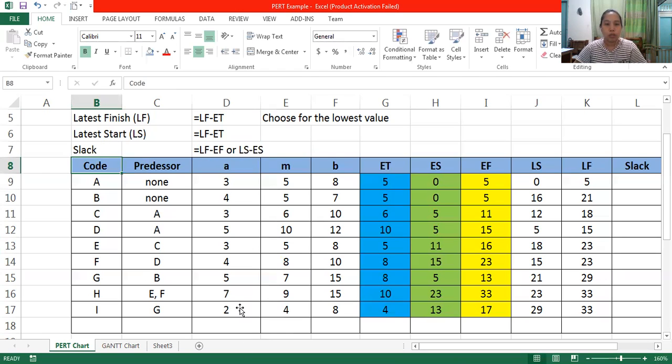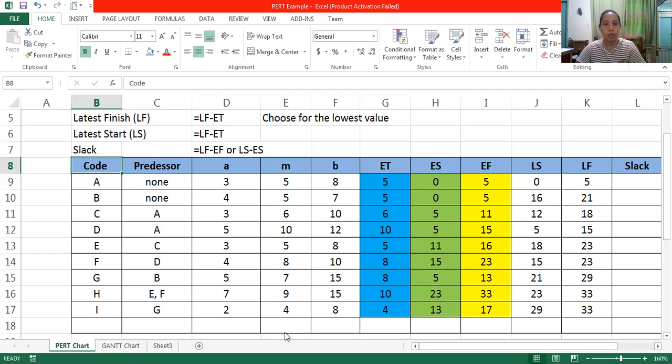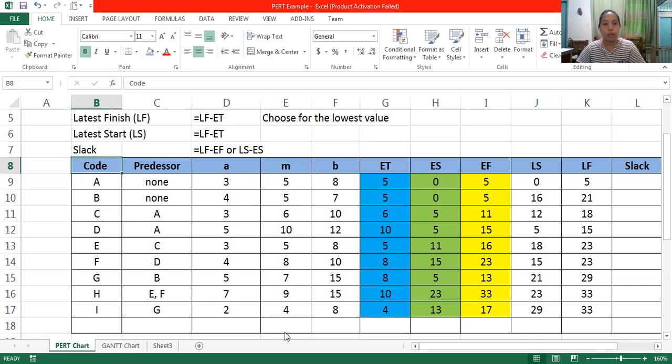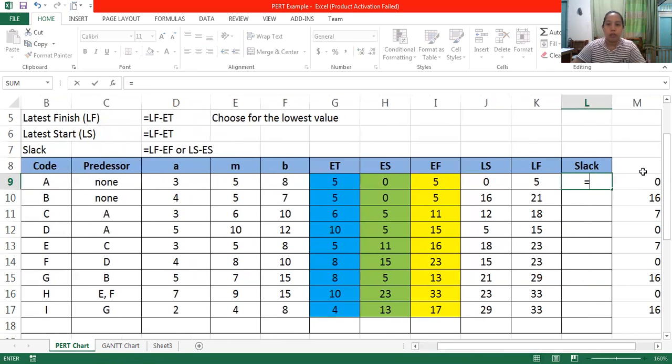We will change it here to this one: LF minus EF. If you use both formulas, the outputs should be the same with each other.